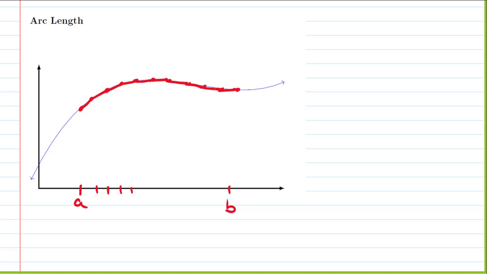So all of those straight line segments wouldn't be exactly the same length, right? But it wouldn't be a terrible approximation. But here's the idea of how we can find that. So now imagine on each of those little teeny line segments, we could make a little teeny right triangle, right? So let's zoom in on that little piece right there and see what we get.